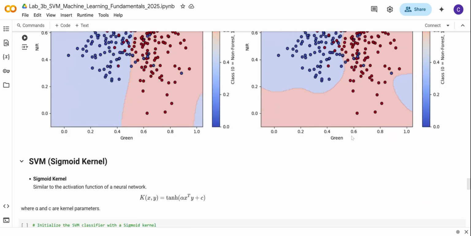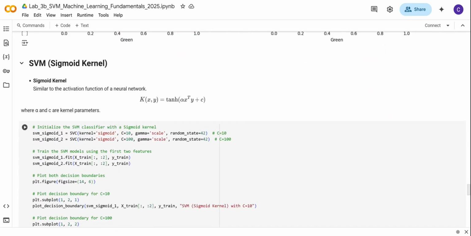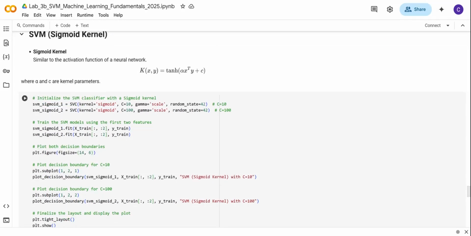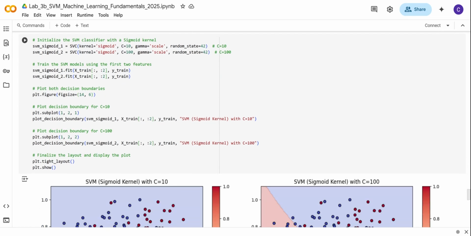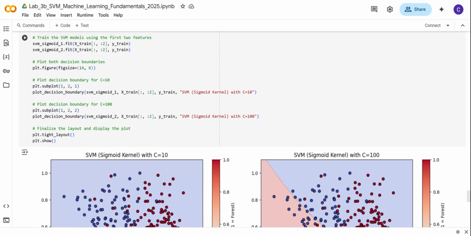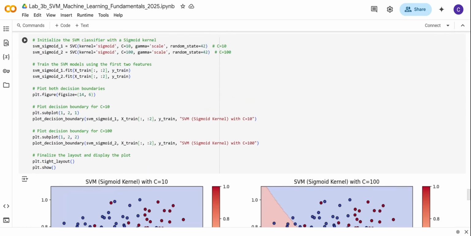Then finally, we have the sigmoid kernel. The sigmoid kernel is similar to a neural network activation function, and this is useful when data is not structured in a simple pattern. In remote sensing image classification, we have few examples of use of this kernel.